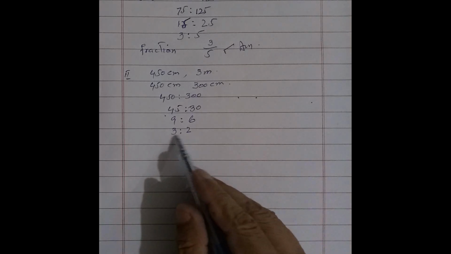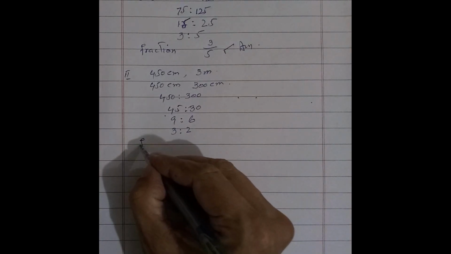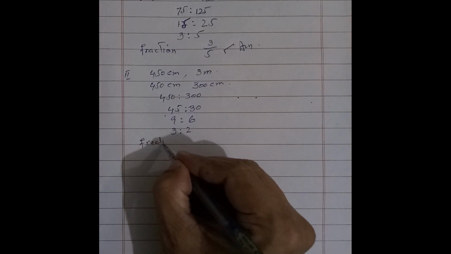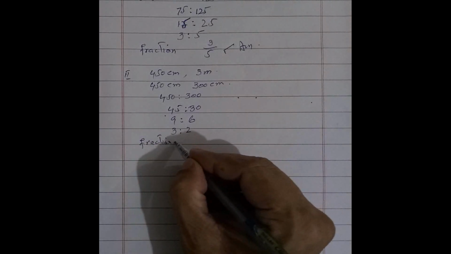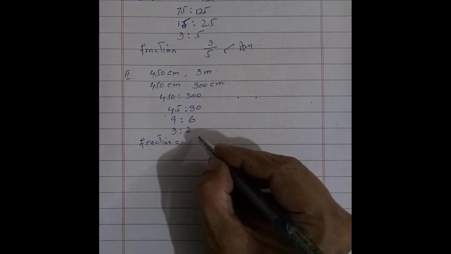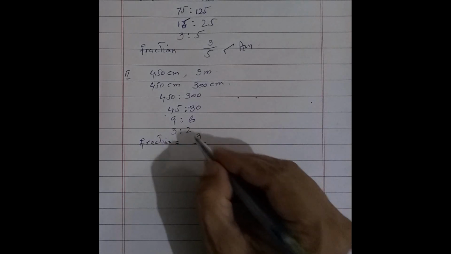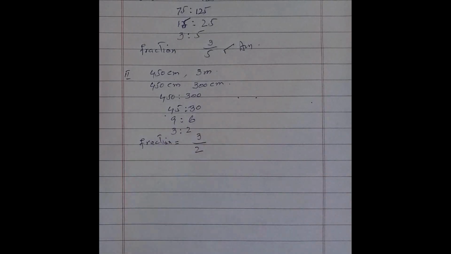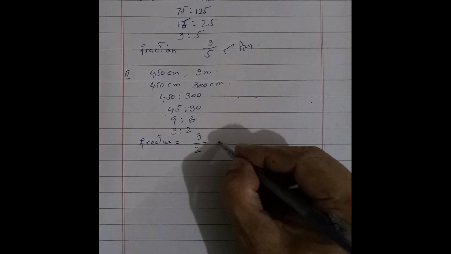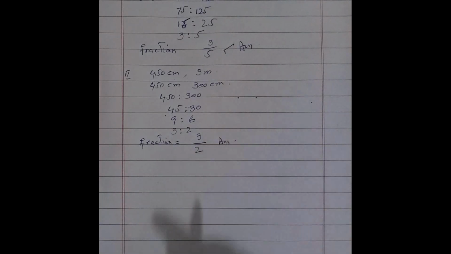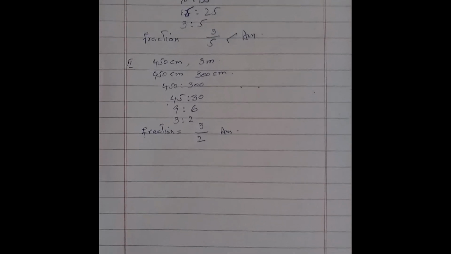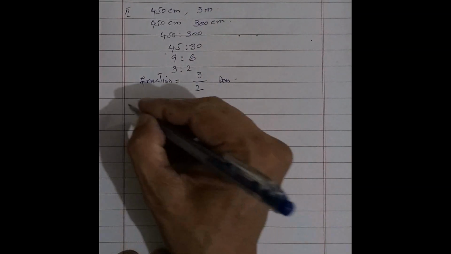And when we write it as a fraction, the first value is written in the numerator and the second in the denominator, and it is the answer of part 2 of question 1.